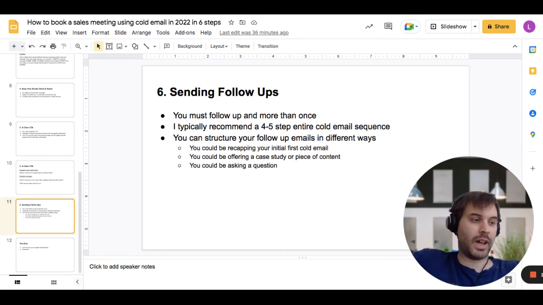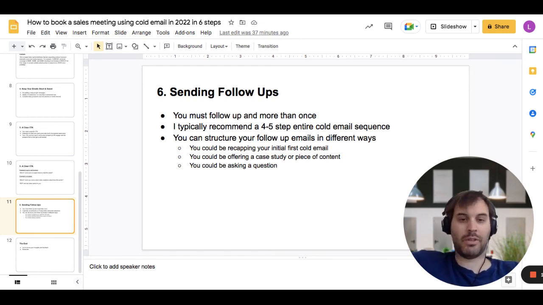And then you might have follow-ups beyond that, steps 3, 4, where it's maybe sharing a case study, some other kind of value, maybe some personalized content or video. You could be asking a question. There's a lot of different things you can do, honestly. That's just strategy, and that's going to be largely determined by your target audience. But the main thing is you've got to be following up.